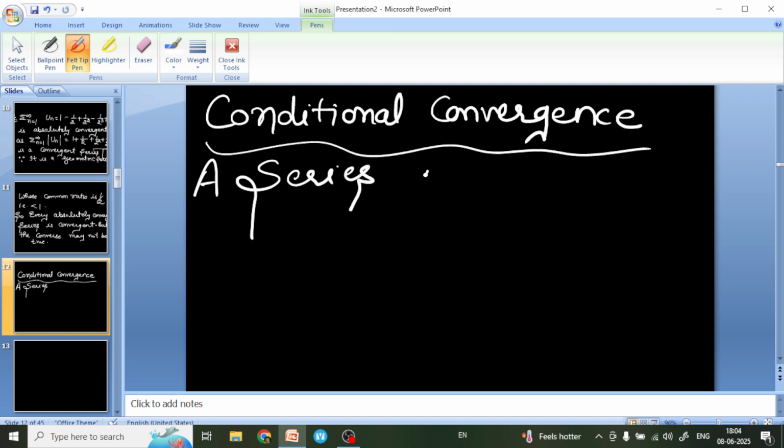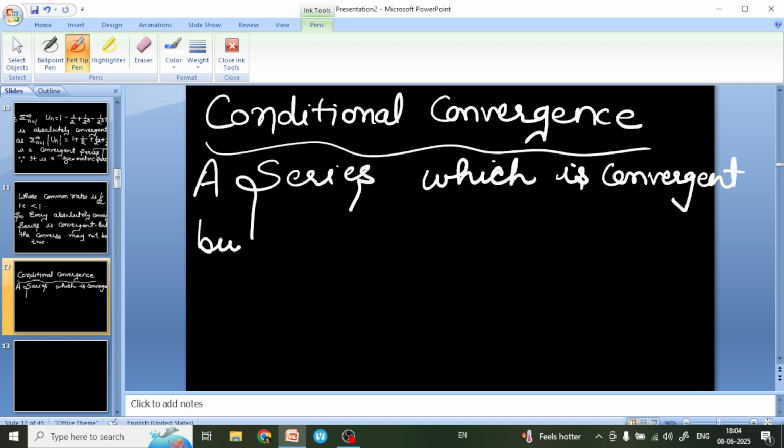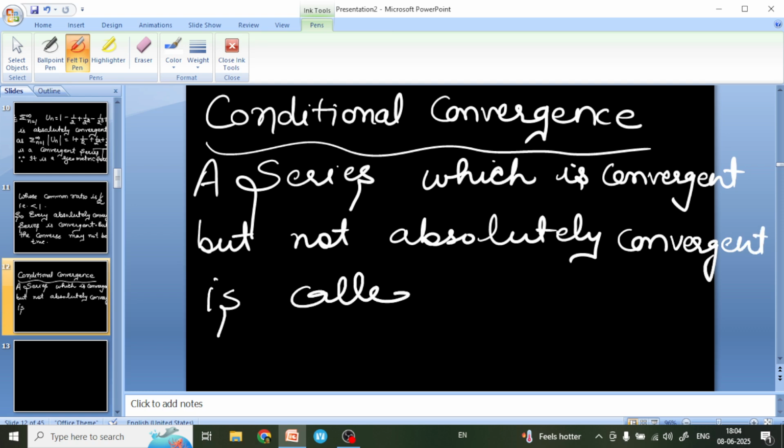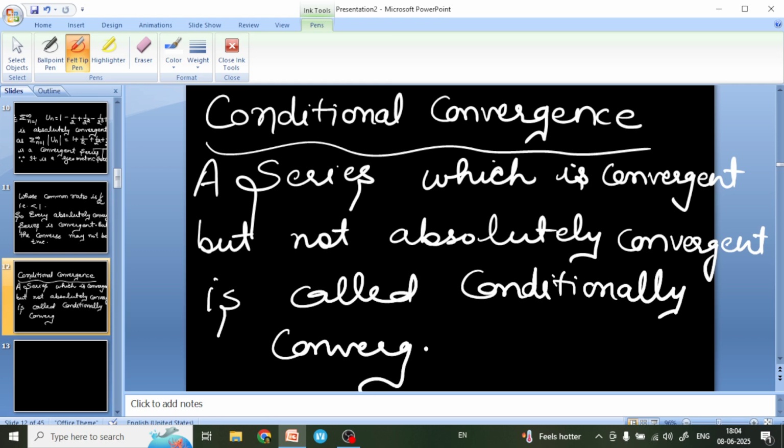A series which is convergent but not absolutely convergent is called a conditionally convergent series.